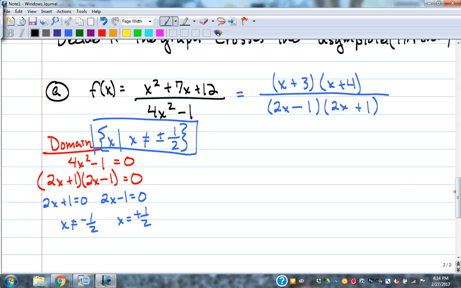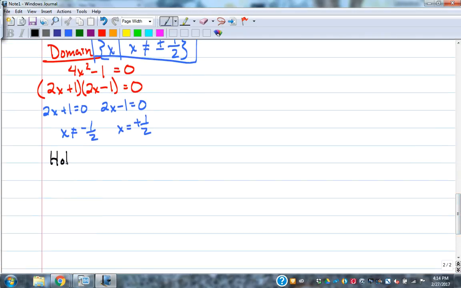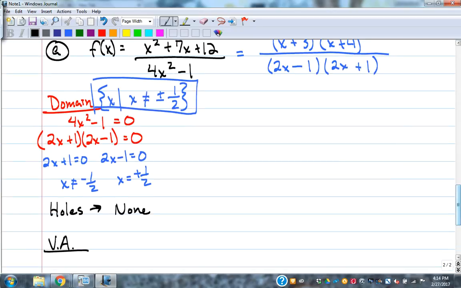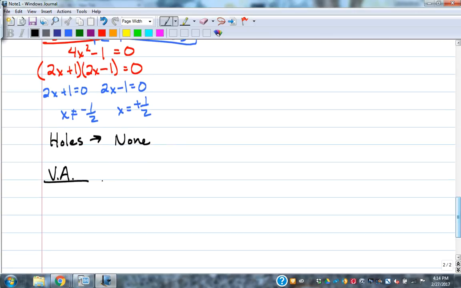So from there, the next thing on our list was the holes. There are none. If there's a factor that cancels, that's when a hole happens. We'll see that in the next couple of examples. So there are no holes, but then we start looking at our vertical asymptotes. Vertical asymptotes come from the denominator of the simplified fraction. Well, we didn't have anything simplify on our fraction, so the vertical asymptotes are going to match the same thing as our domain, but they're equations of lines.